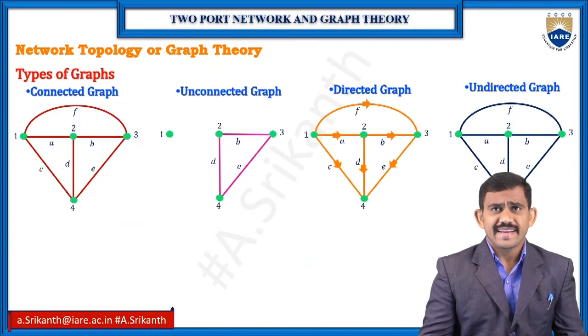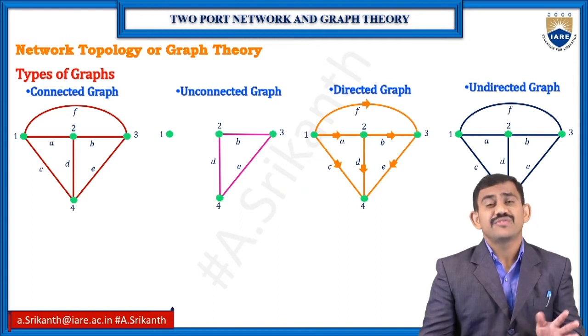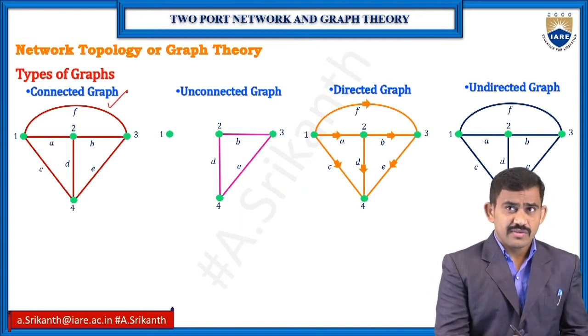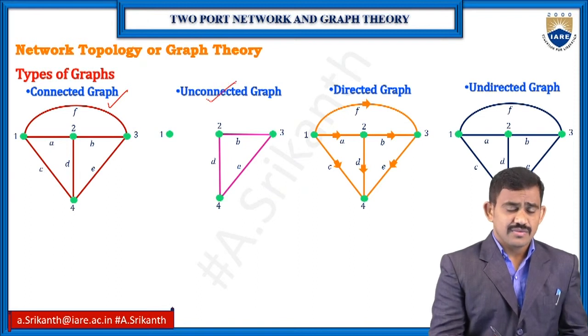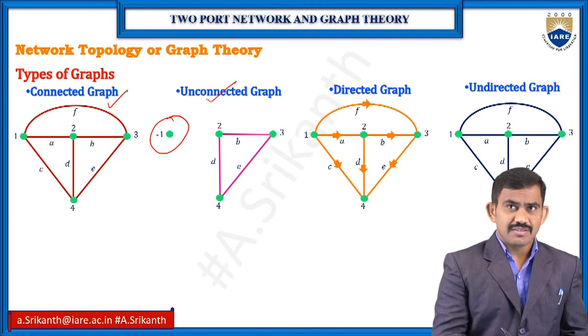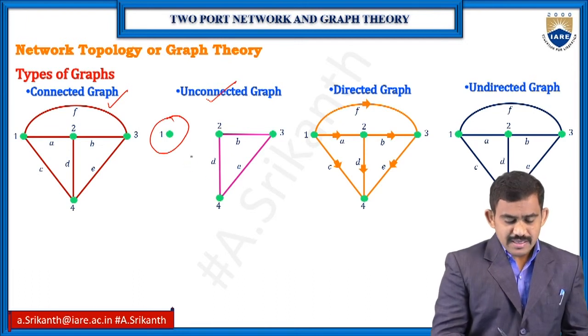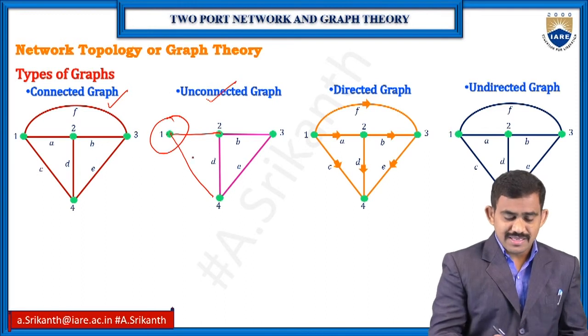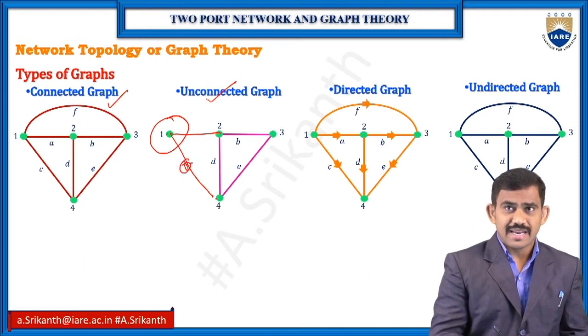Okay guys, and for that graph we have different types, that is connected graph and unconnected graph. If you compare both, an unconnected graph means we have the 4 nodes, but in this branch and this branch in the circuit, suppose we have current sources.